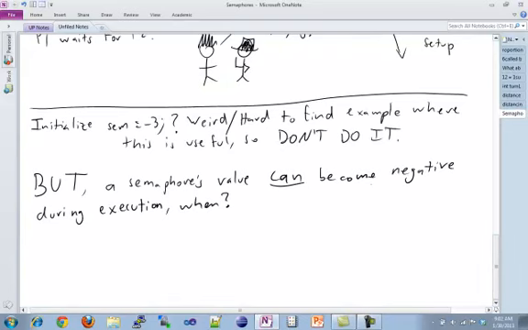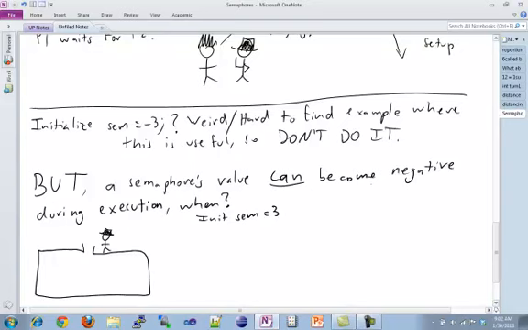Let's go back to our room example. So we have a room, and then we have our guard, which is our semaphore. Let's initialize our sem's value to 3.